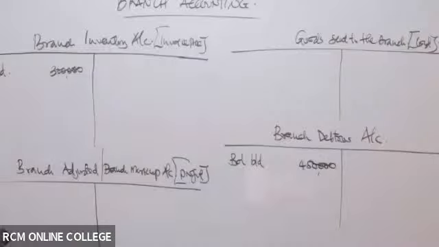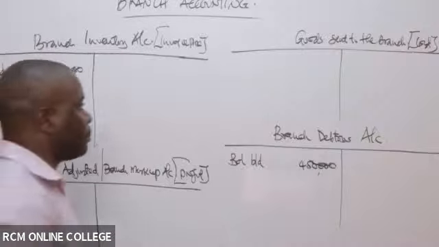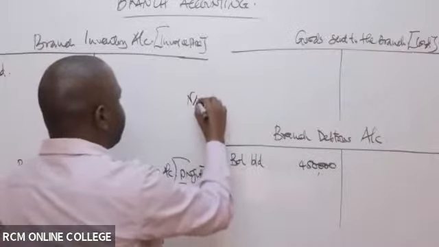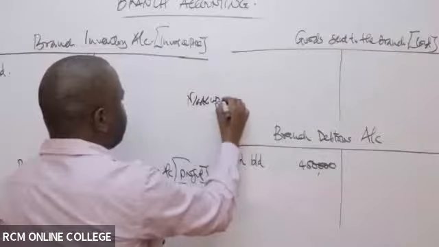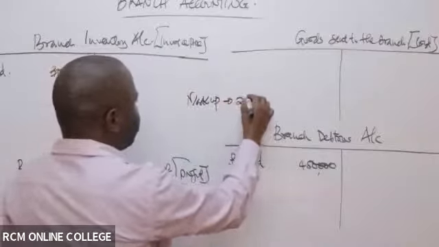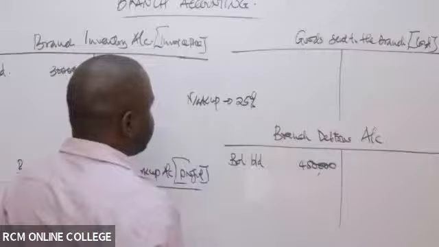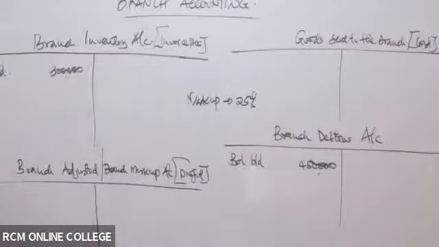But now remember, this opening balance has what you call a profit element in it. And of course, you've been told the markup, which is 25%.